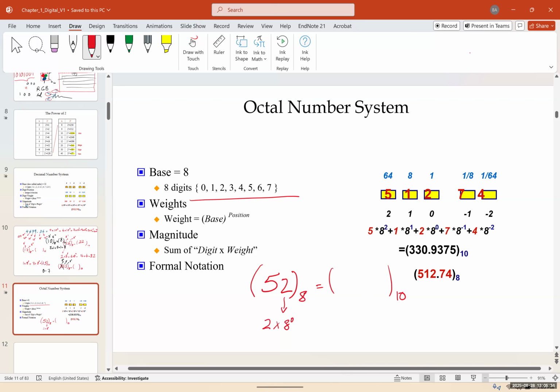So it's going to be 2 times 8 to the power of 0. And the second digit is going to be 5 times 8 to the power of 1. And we add them together. So it's going to be 40 plus 2, which is 42. So this would be 52 in the base of 8, which is 42 in the base of 10.